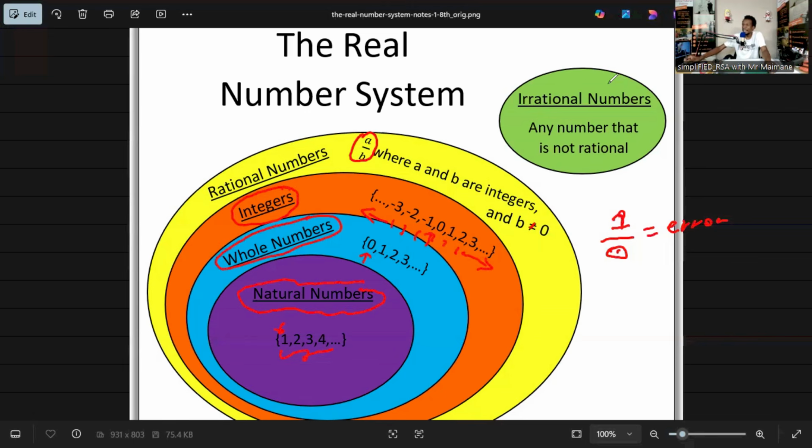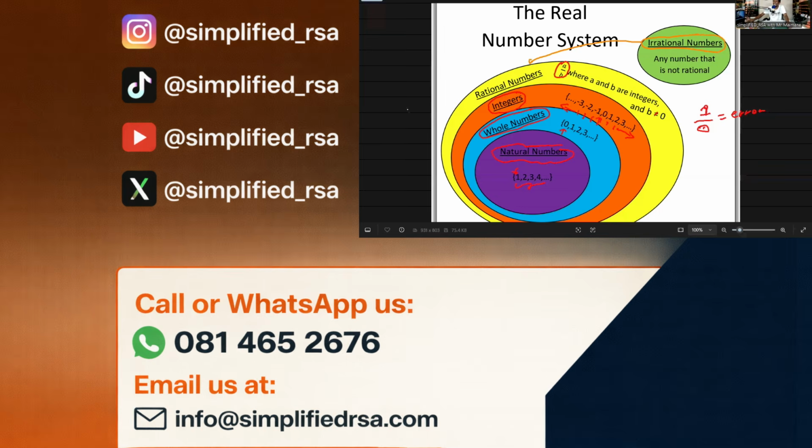Now, we have irrational numbers. Irrational numbers are the opposite of rational numbers. So anything that cannot be represented in the form of a fraction, but it is a decimal though. Like those numbers that keep on going on a calculator, they can't be represented as a fraction.